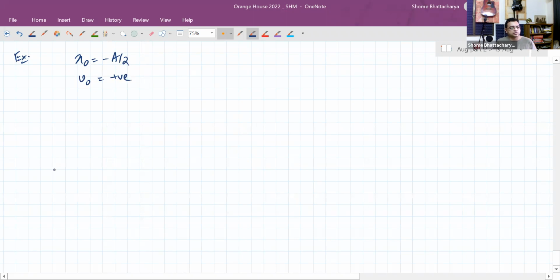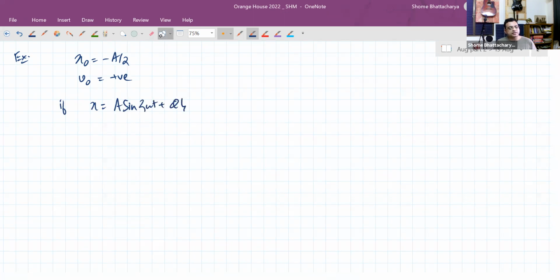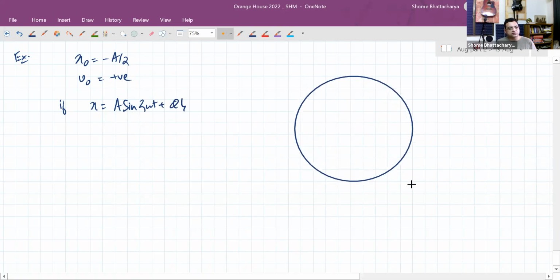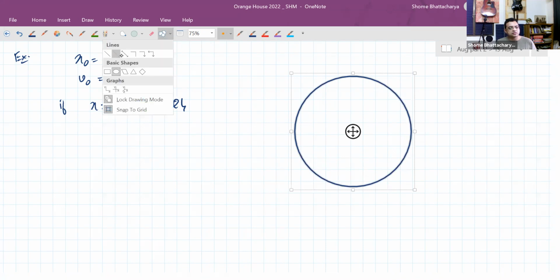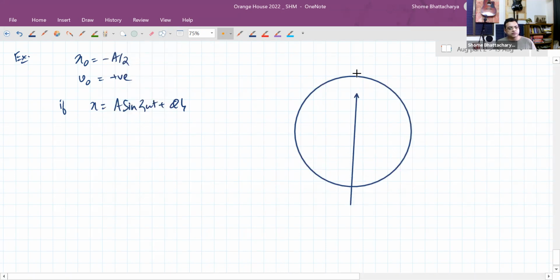So if we write x as a sin(omega t plus phi), the only thing is you have to remember that when we write it as sine, you have to consider the vertical axis. So in this case, I'll just take the vertical axis as my x-axis. It doesn't matter what I name it.